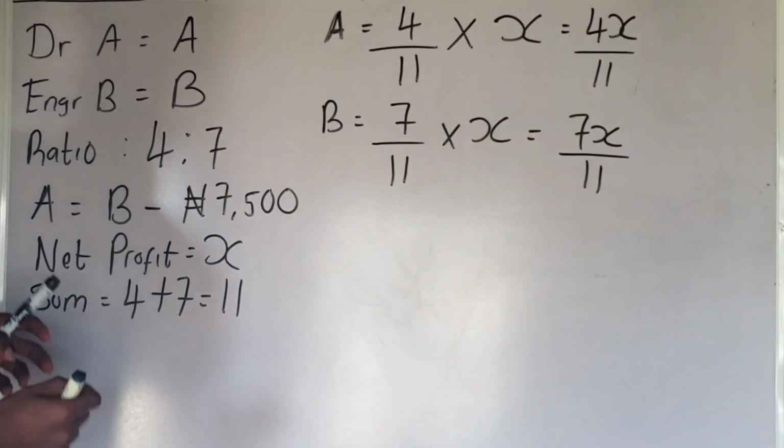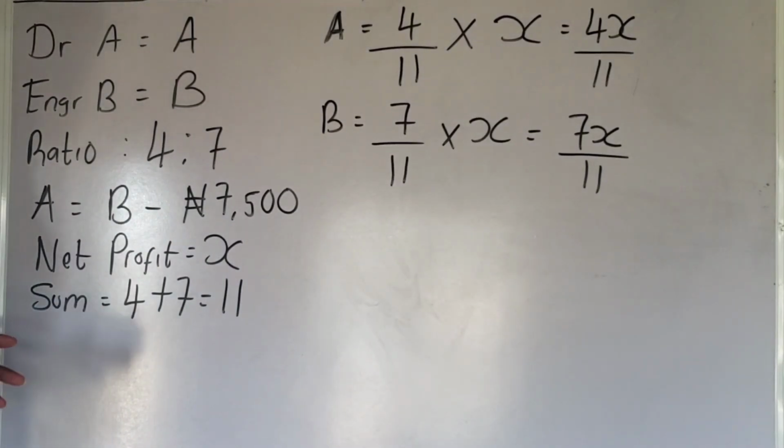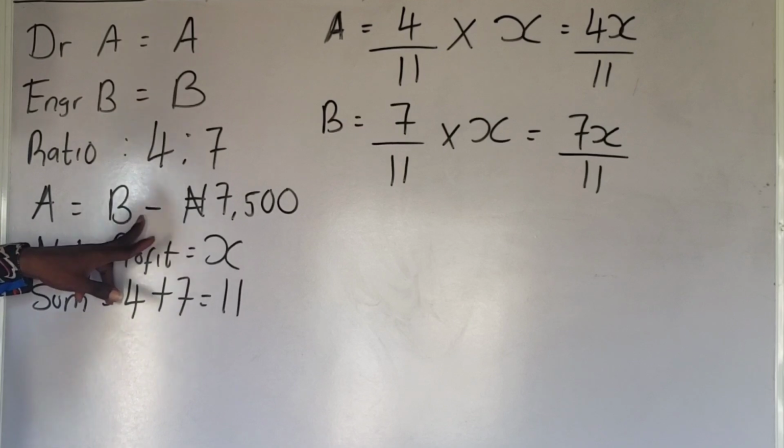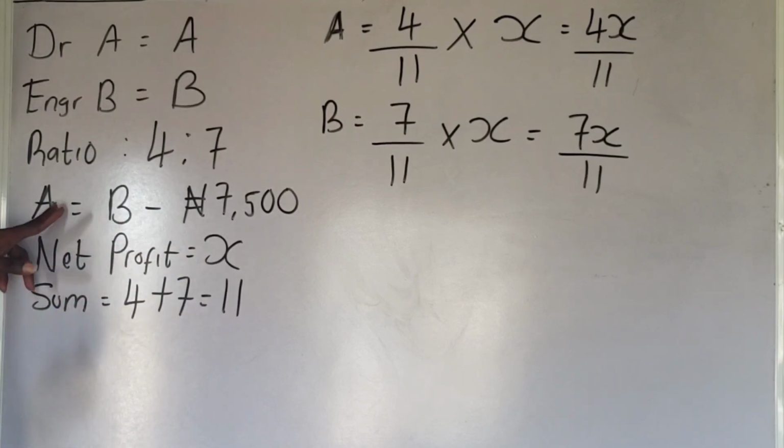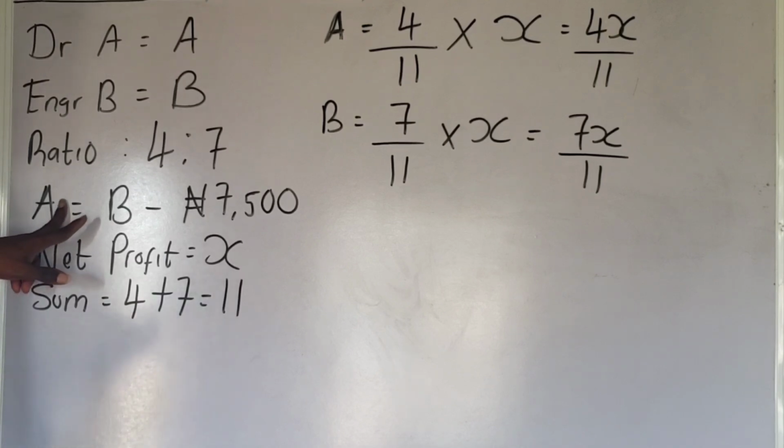Now the next thing is that I will have to express the share of Dr. A in terms of Engineer B. Don't forget that if I know the amount that Engineer B got, I'm going to get the share of Dr. A. Do you understand?